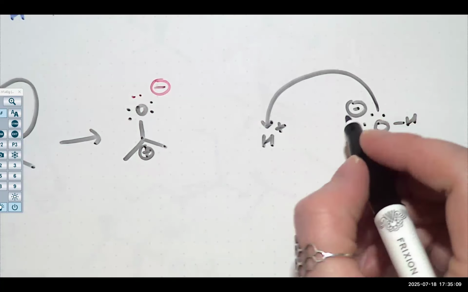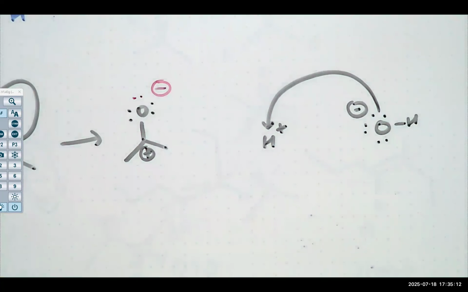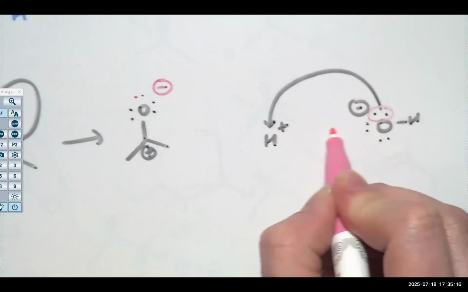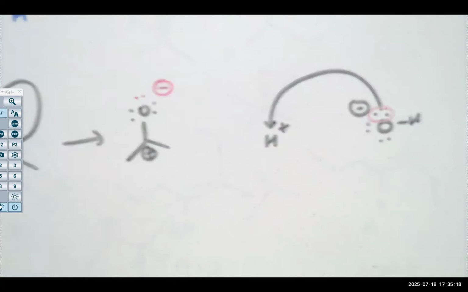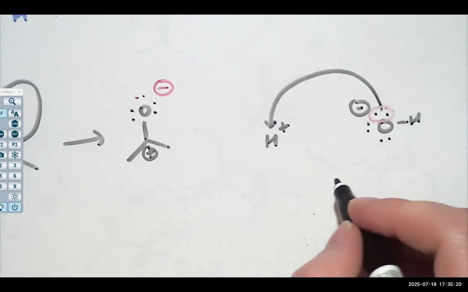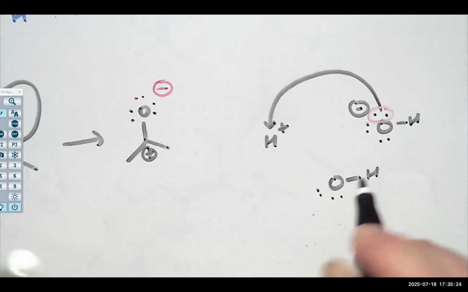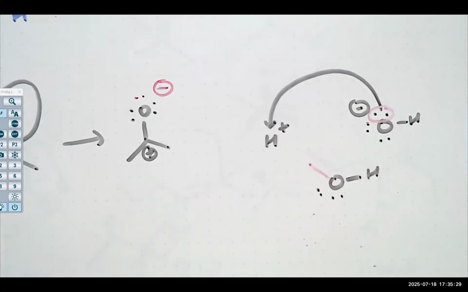So essentially what this is saying is these 2 electrons, I'll circle them in pink, are no longer just going to be hanging out with the oxygen, they're forming a bond with this hydrogen. So all the rest of this stuff is not going to change, but this lone pair is now going to form a bond with hydrogen.